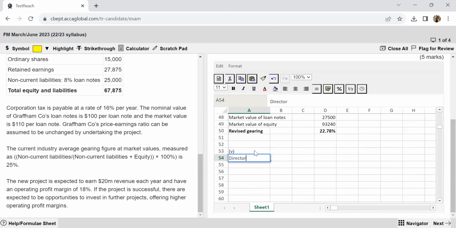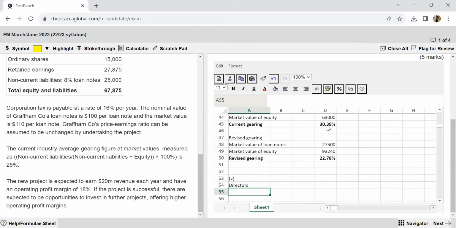So first of all, let's talk about directors. With respect to directors, we can say that the current level of gearing that we found out, 30.39%, exceeds 25%, right? So the directors are concerned considering the fact that the gearing of their company is higher than the industry average.